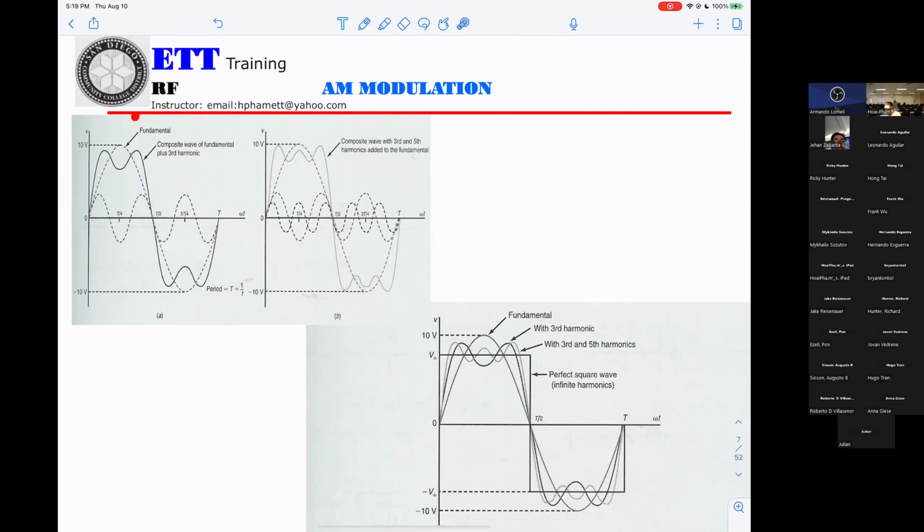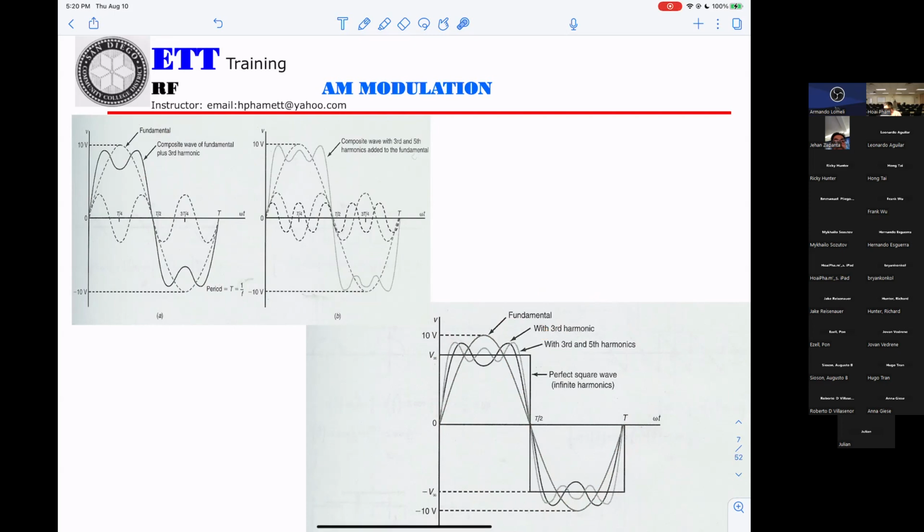You can get a fundamental frequency and you can get different frequencies. And when you're looking here, you can see this is the fundamental, okay? And the next one will be the third harmonic, okay?